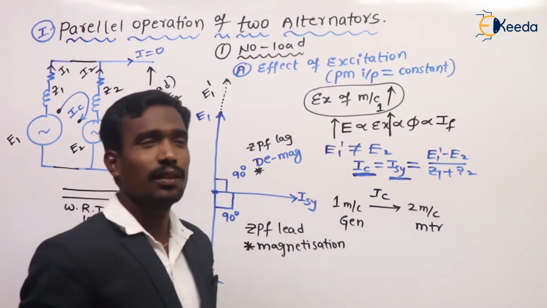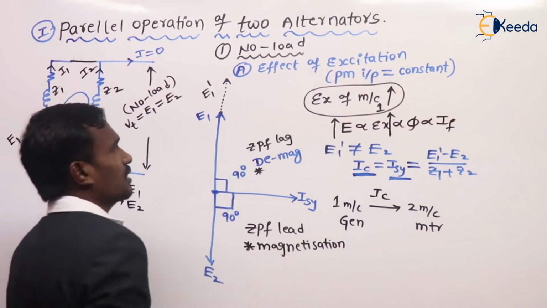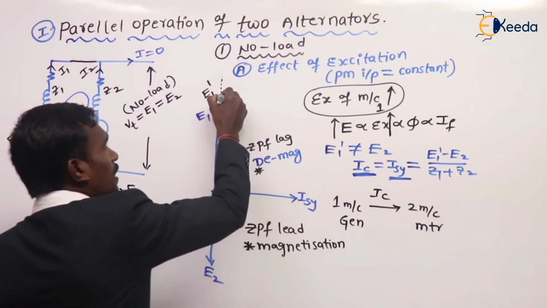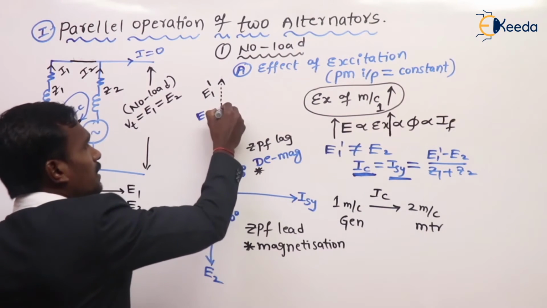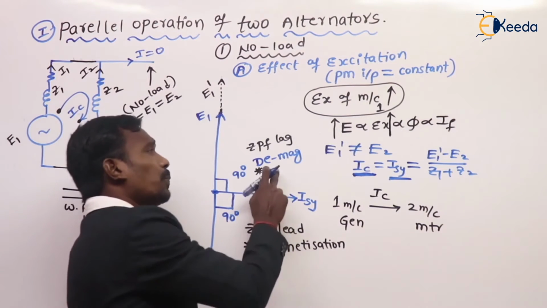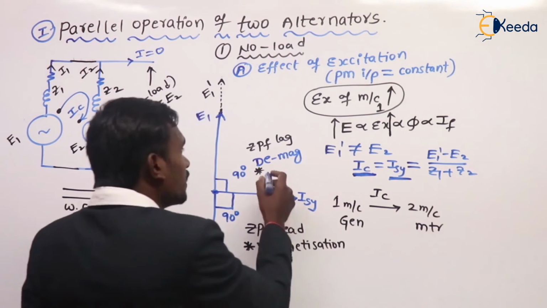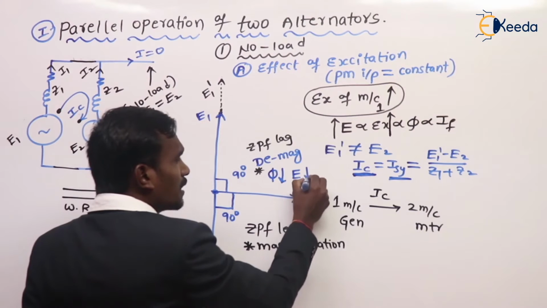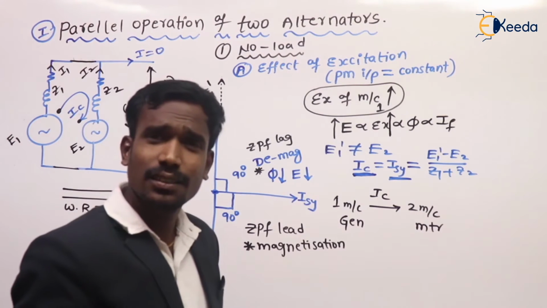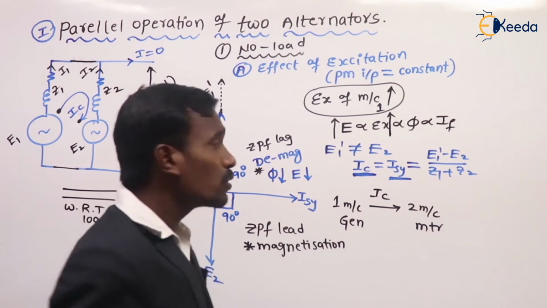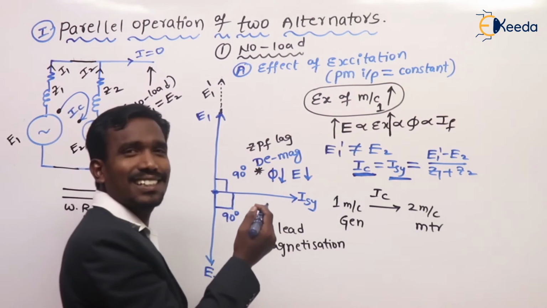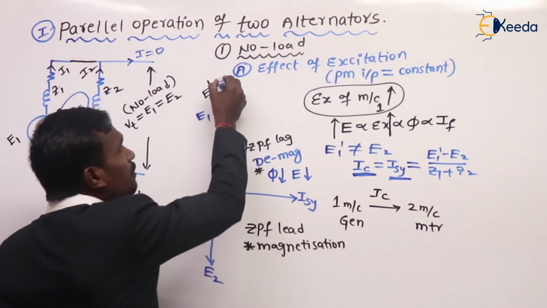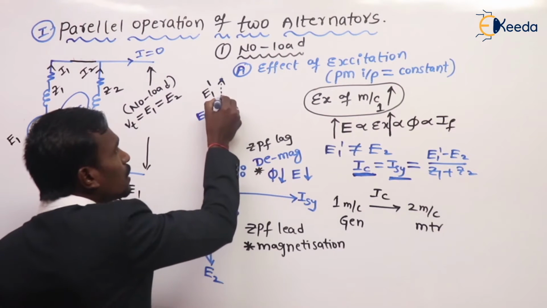Observe here, when it is demagnetized, now my E1 dash is here, but due to the zero power factor lagging, it is demagnetized, nothing but flux decreases. When flux decreases, automatically EMF decreases. EMF also decreases, yes or no? So the EMF is decreasing in nature, from here to here.